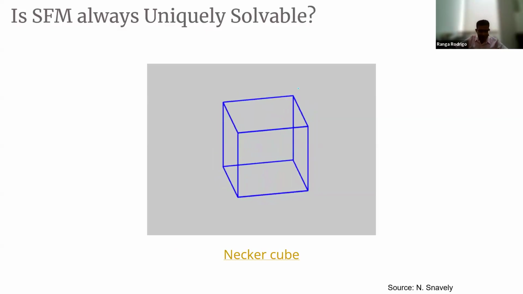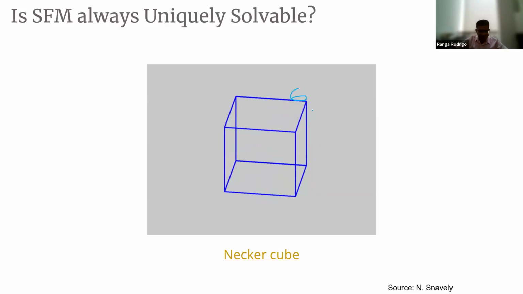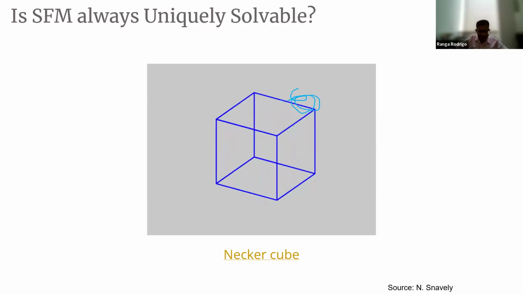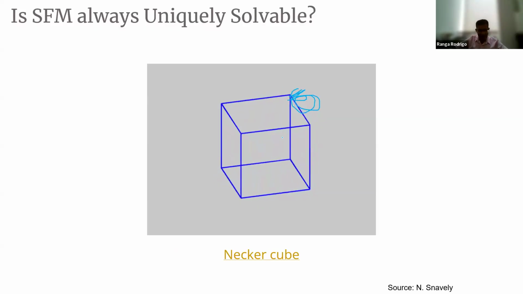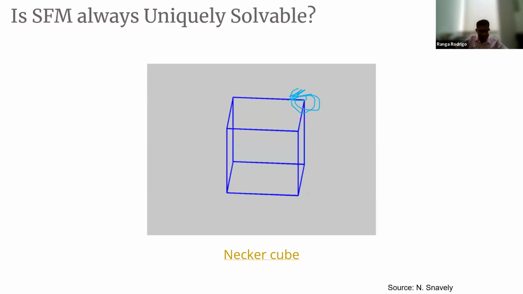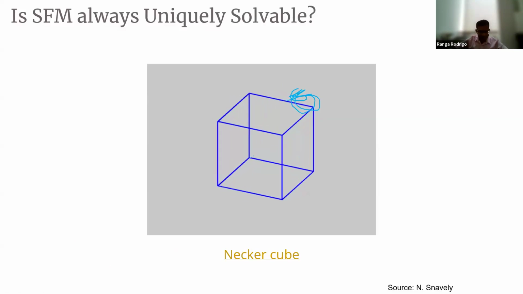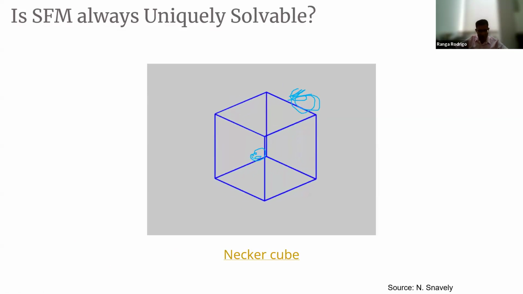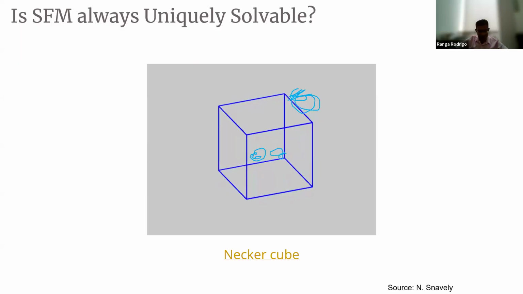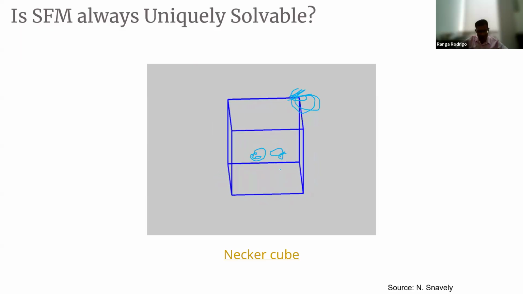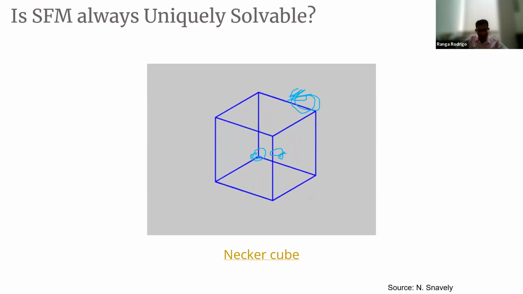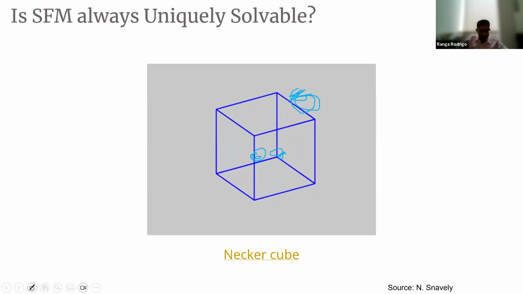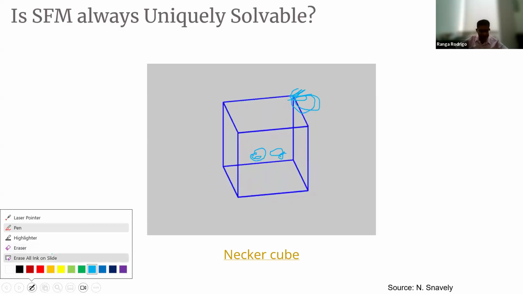Now, if you think that this point is away from you, it is clockwise. But if you consider this point is closest to you, it is counterclockwise. Depending on which point you consider closest to you, it is clockwise or counterclockwise.